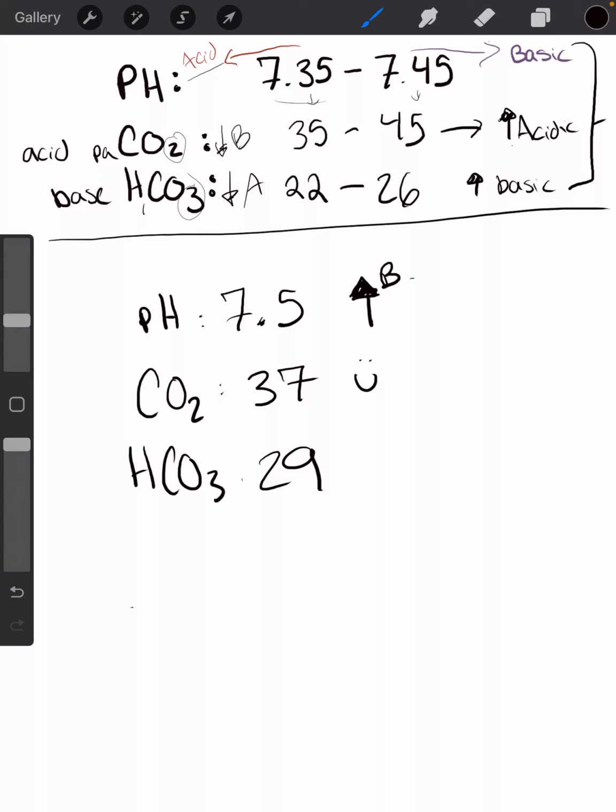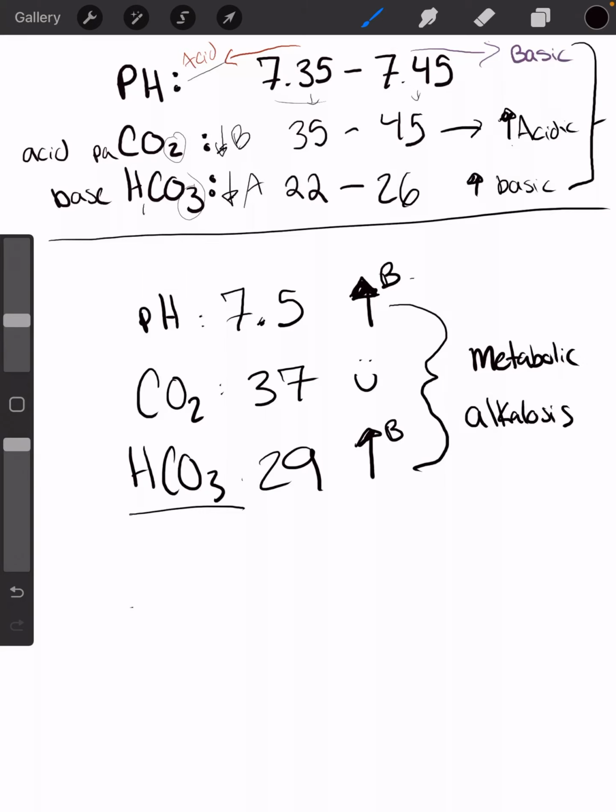So these match. We know the problem is metabolic, and we're not in acidosis because we have too much base. So we are in metabolic alkalosis. My handwriting is bad, I'm sorry. So what are some conditions that can cause metabolic alkalosis?